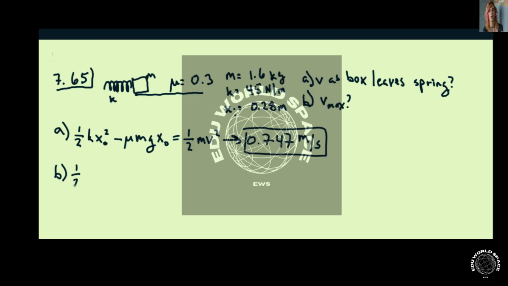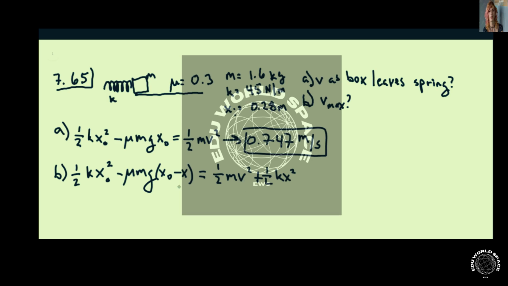So we have 1/2 k x naught squared minus mu m g times (x naught minus x), equals 1/2 m v squared plus 1/2 k x squared.